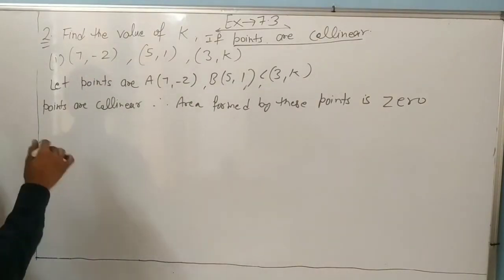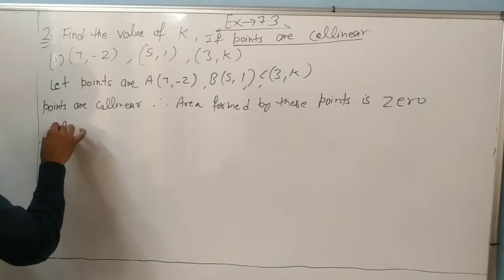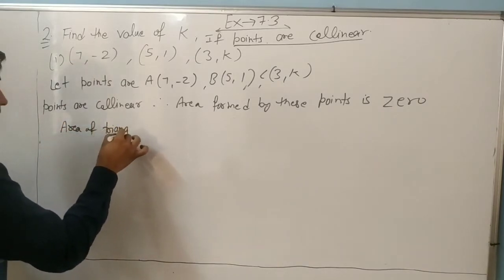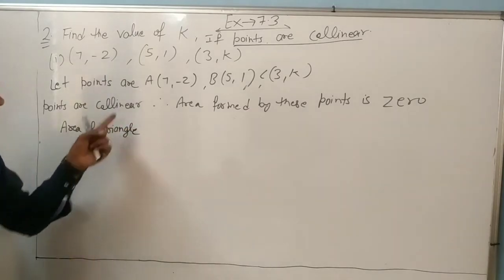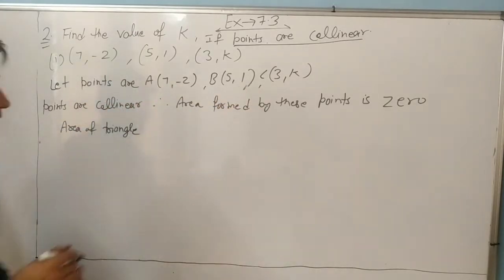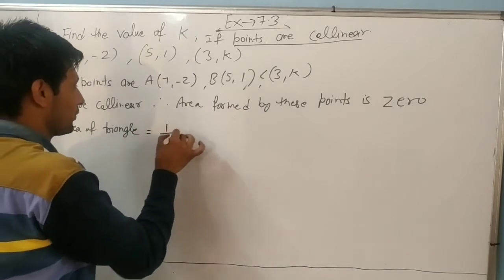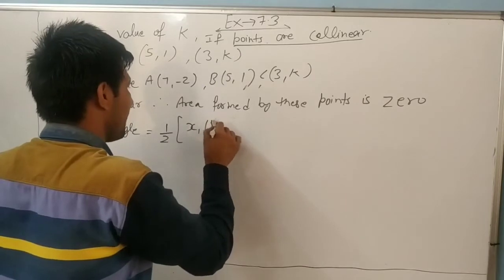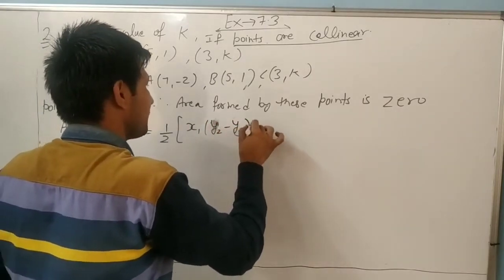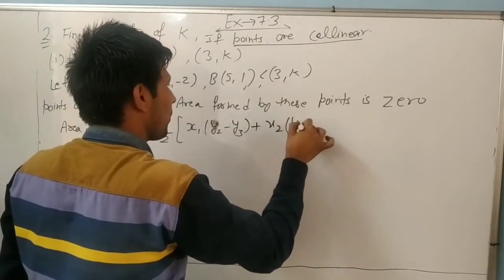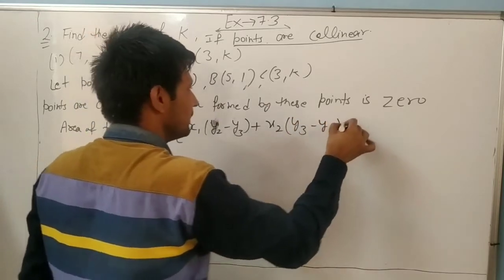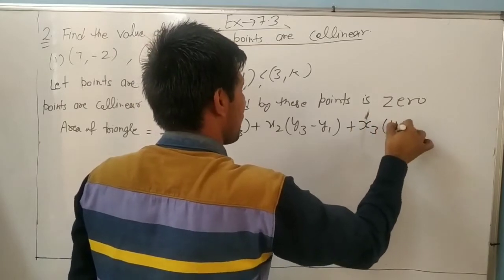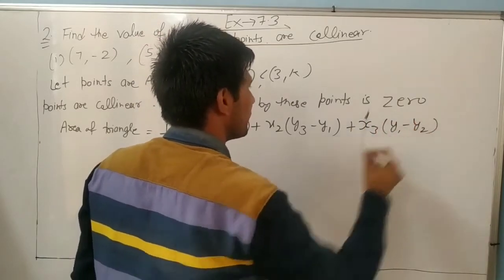So we will first write the area of triangle formula, because a triangle is always made by 3 points, or not, dear? Okay. So the area of triangle formula is 1/2 [x1(y2 - y3) + x2(y3 - y1) + x3(y1 - y2)].